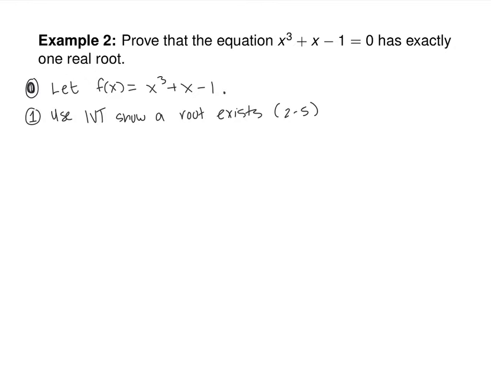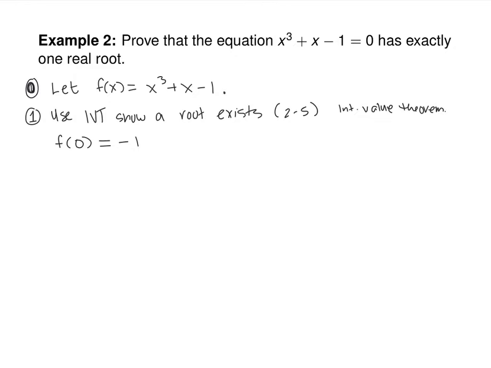What does IVT mean? IVT stands for Intermediate Value Theorem. This is the thing where we plugged in one number for f and plugged in another number for f and found that one was positive and one was negative, and therefore there was a 0 in the middle. So if you plug in 0, does it make sense you get negative 1?